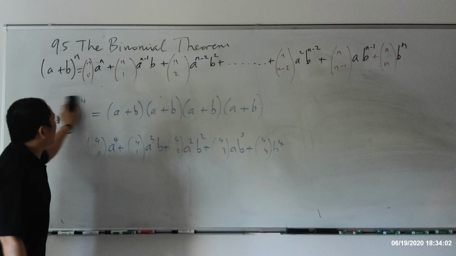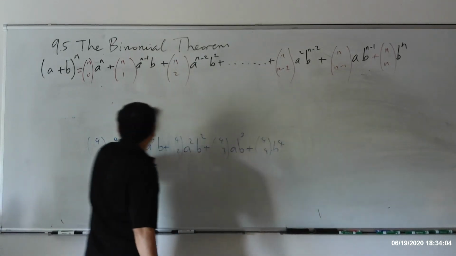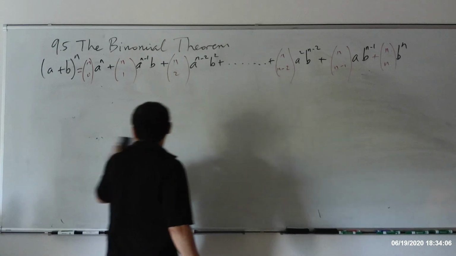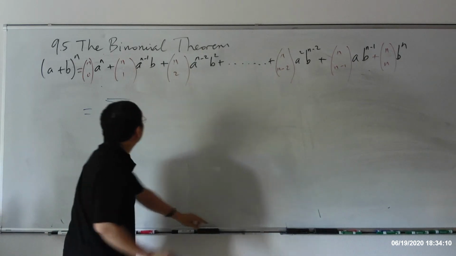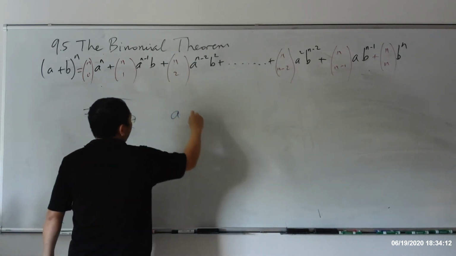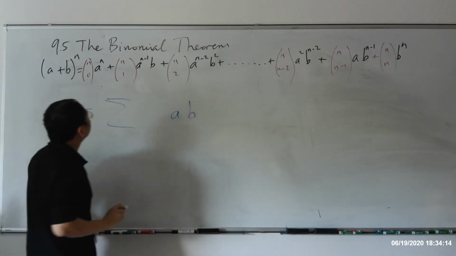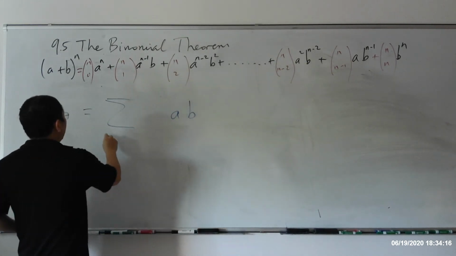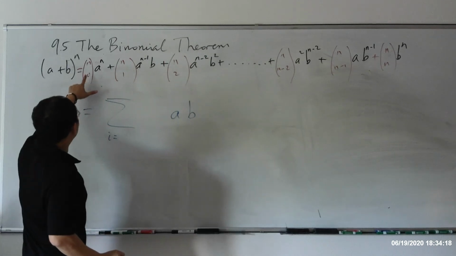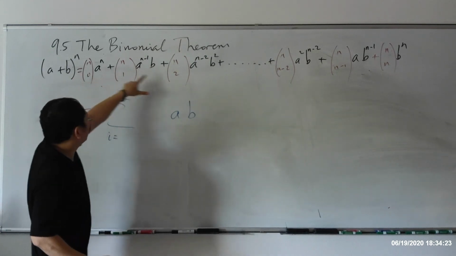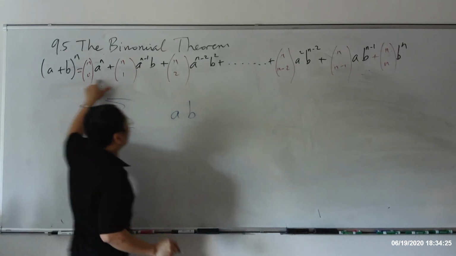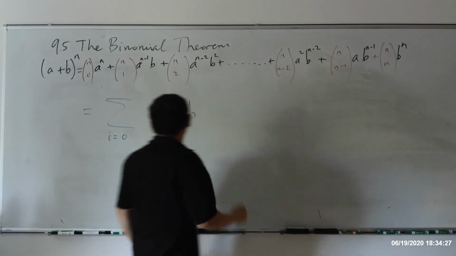Alright? So in short, we're going to use the summation notation, the sigma notation, to write. This is what? The sum. Okay? And a raised to some power, b raised to some power. And then here, I run from 0. I is the exponent, right? 0, 1, 2, 3, so I run from 0 all the way to n.